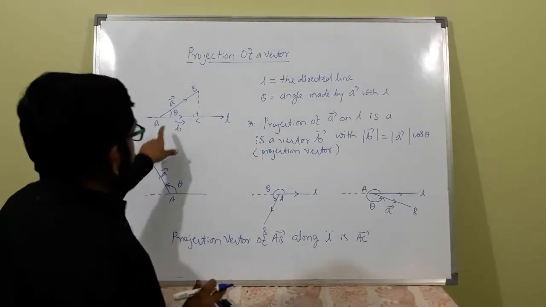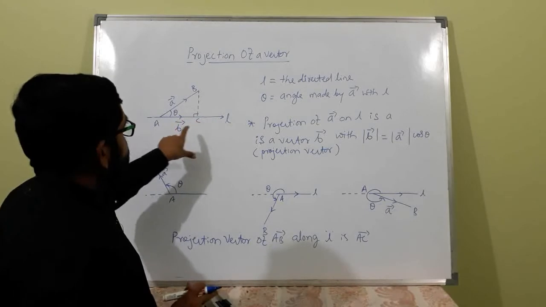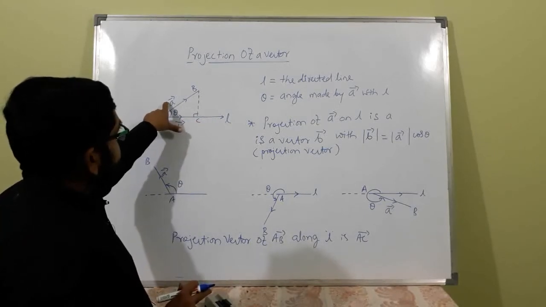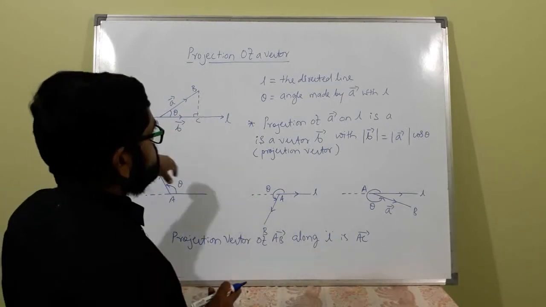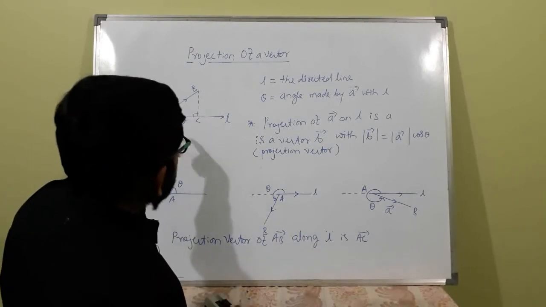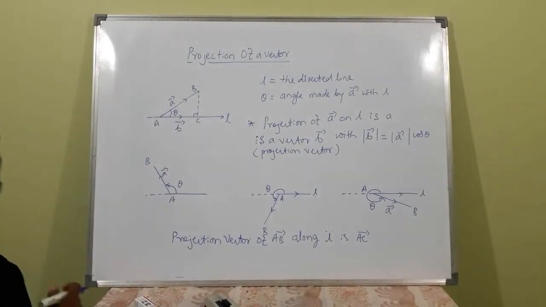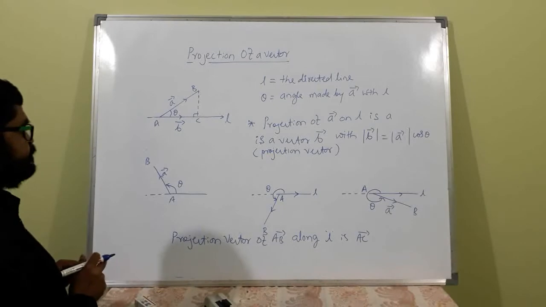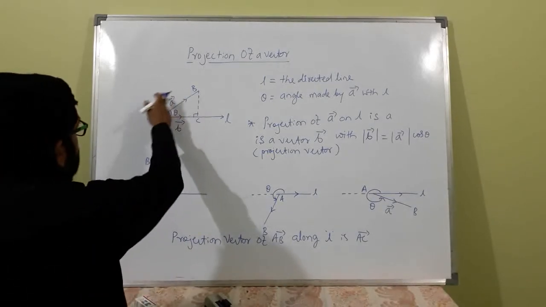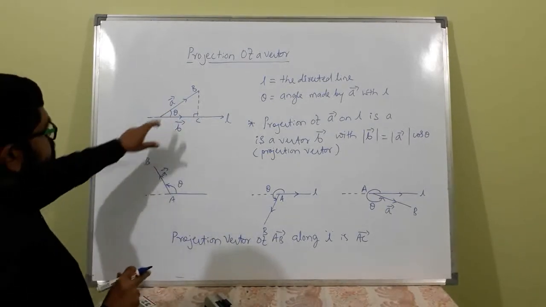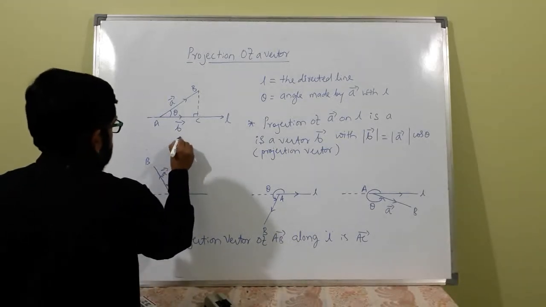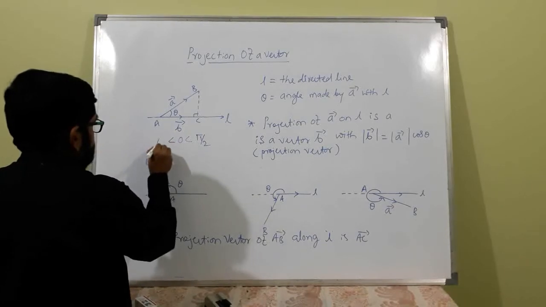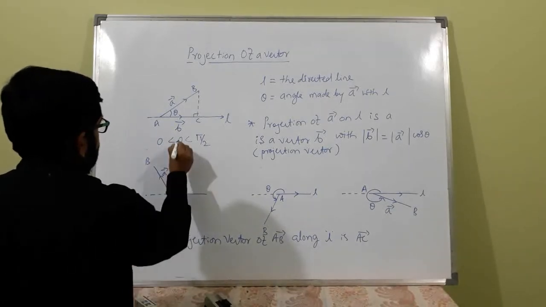As this forms a right angle triangle, the magnitude of B is the same as magnitude of A into cos theta, or cos theta is equal to B by A. So that leads to magnitude of A into cos theta. This B is called the projection vector. Okay, this may be in a different form. Suppose this is an acute angle, here theta lies between 0 and pi by 2.